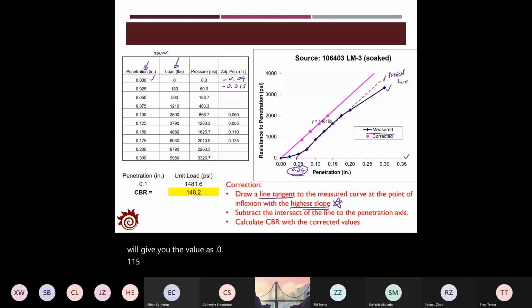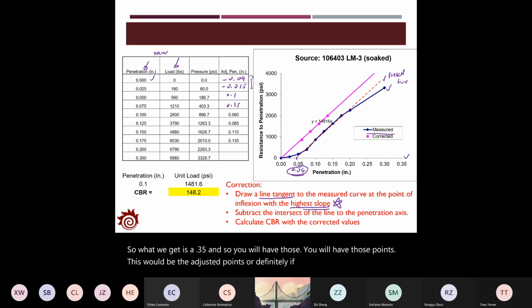And the next one would be 0.1, and so what we get is 0.35 and so on. So you will have those points. This would be the adjusted points. Definitely, if you see any negative points, you must remove them. It does not make sense for your analysis.